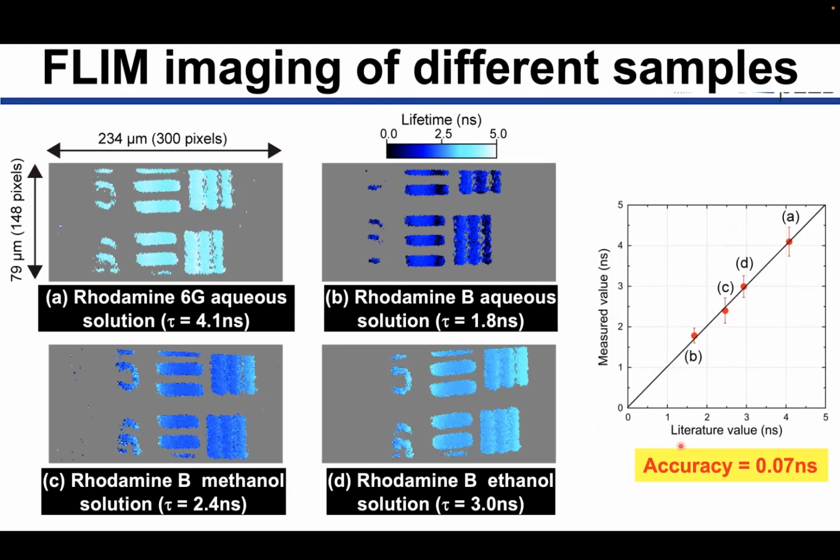Finally, to investigate the quantitativeness of the fluorescence lifetime measurement, we performed imaging of 4 different samples having different lifetimes: 4.1 nanosecond for sample A, 1.8 nanosecond for sample B, 2.4 nanosecond for sample C, and 3.0 nanosecond for sample D. Right shows the relation of fluorescence lifetime between literature value and measured value, indicated by the red plot.